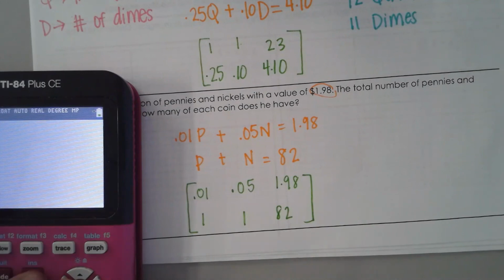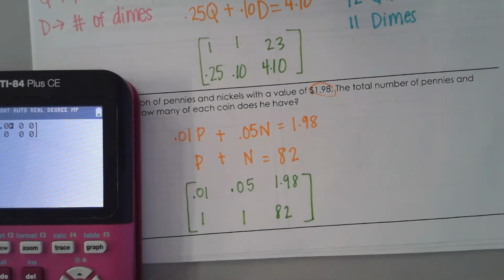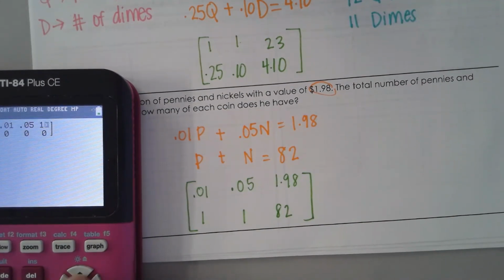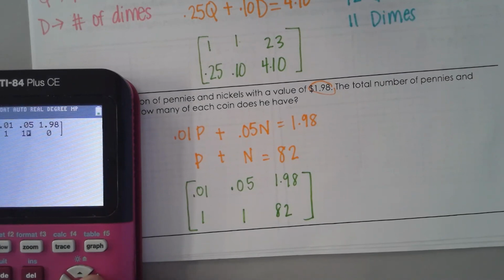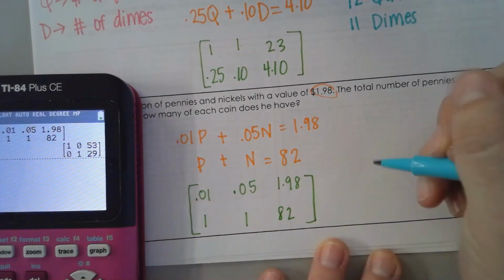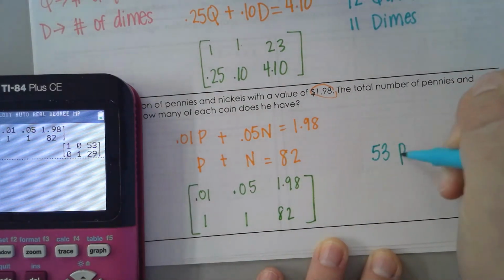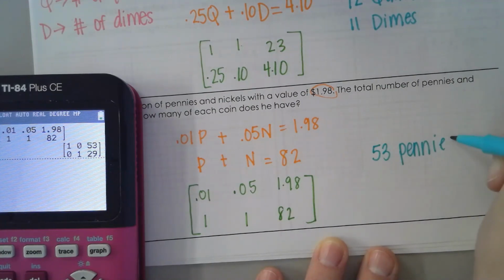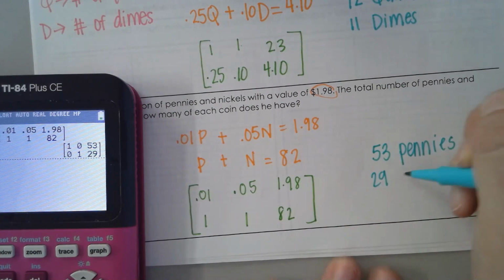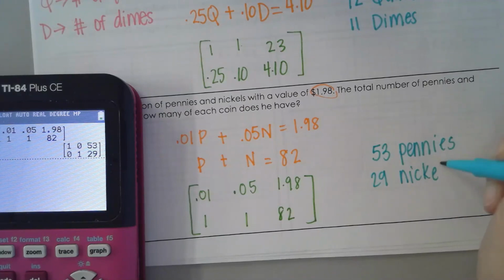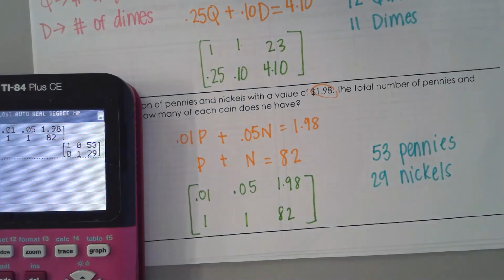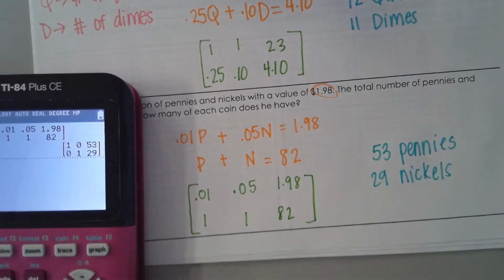I keep doing that. 0.01, 0.05, 1.98, 82. So yeah, it's 53 pennies and 29 nickels. Good. Yay, we got it.